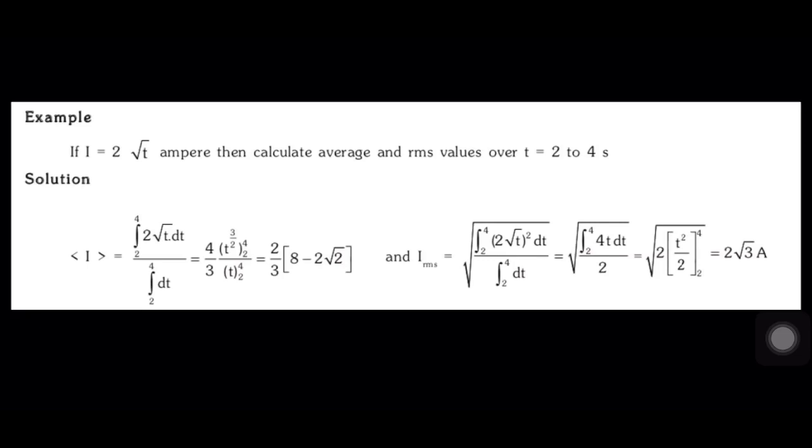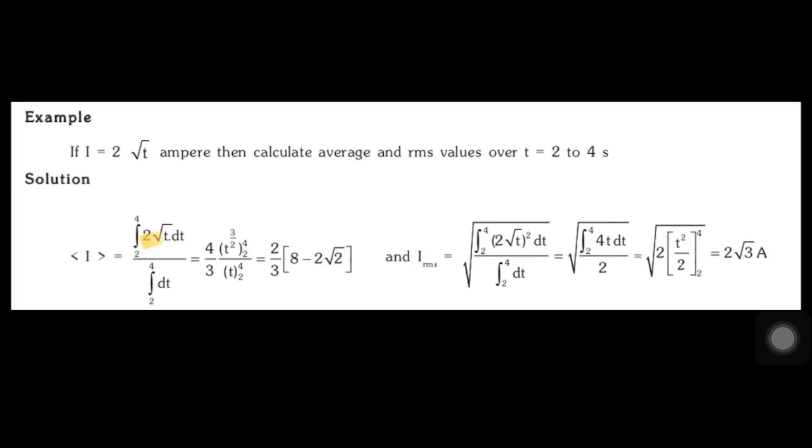So we know the integration. That part is not a big deal. So t raised to 1 by 2, once you integrate, you get in the numerator t raised to 1 by 2 plus 1 by 1 by 2 plus 1. And you can take this 2 common, where you can take that outside. You get this particular term, which is 4 by 3 t raised to 3 by 2.